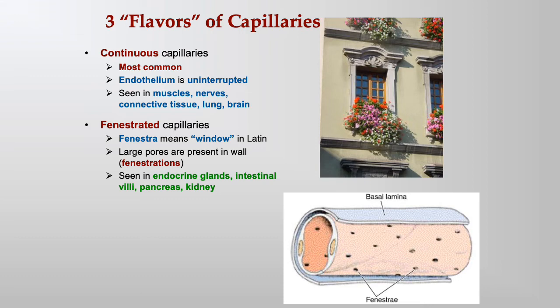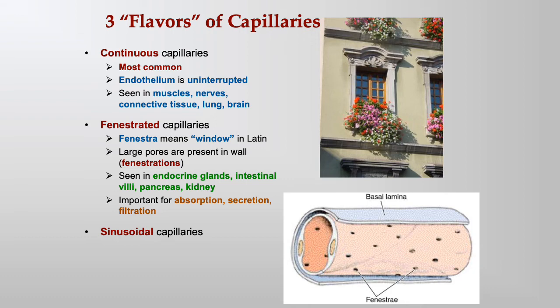The pancreas, you're secreting hormones there, like insulin and glucagon, and the kidney filters your blood. So the kidney has to let waste products get through, all right? So fenestrated capillaries are found in places where you need bigger openings because there are bigger things that have to get in and out of the blood. Important for absorption, secretion, and filtration, right? That's what's going on, things getting in and out.